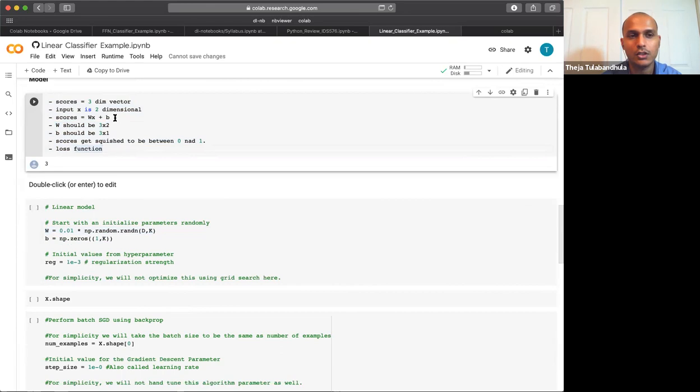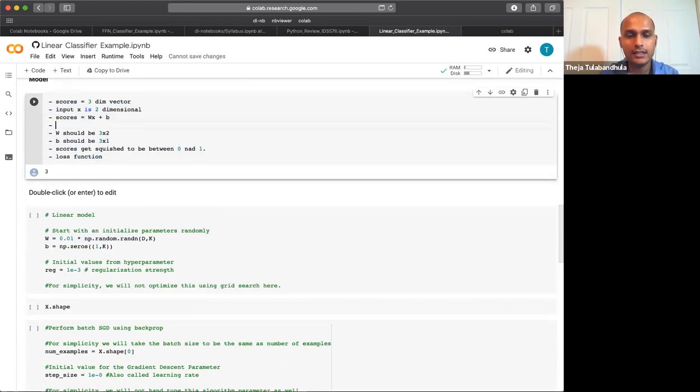Whereas scores is equal to Wx plus B, I can just write scores transposed is equal to X transposed times W transposed plus B transposed, right? That's exactly what is going on.